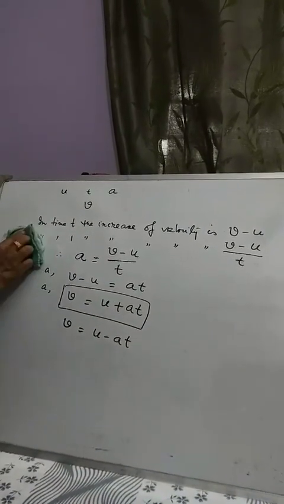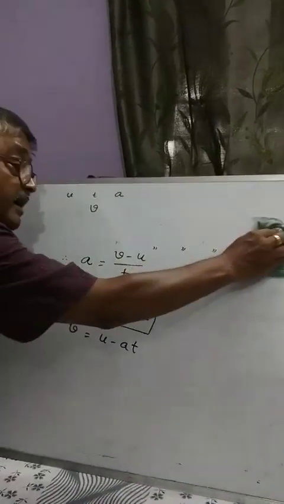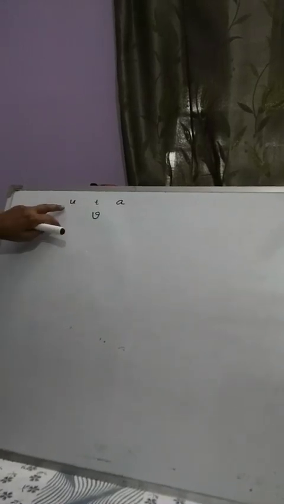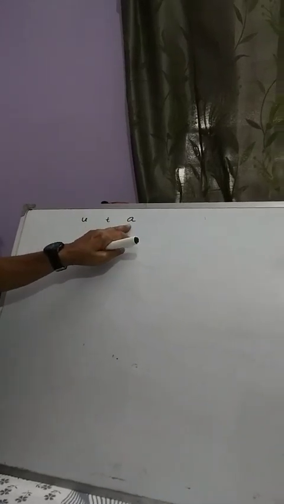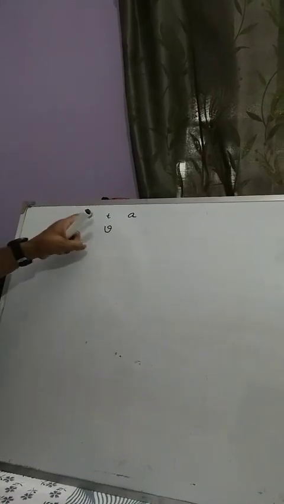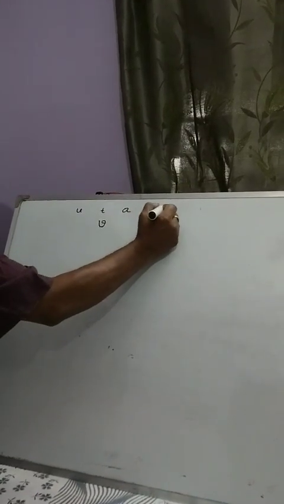Now, the third equation we consider. Here a particle starts with uniform velocity u and there is acceleration a. What is the distance traversed by the particle in time t? We have to find out s.